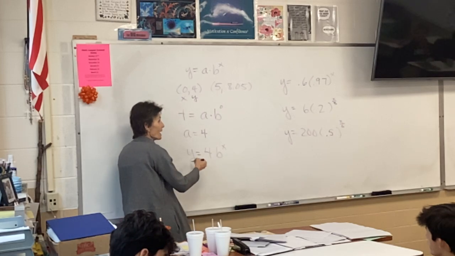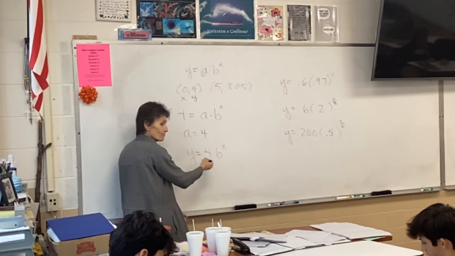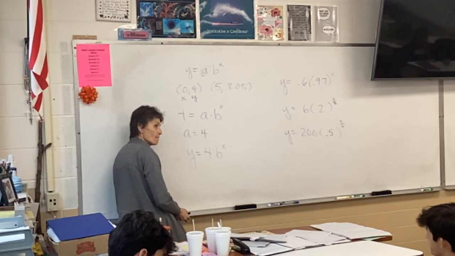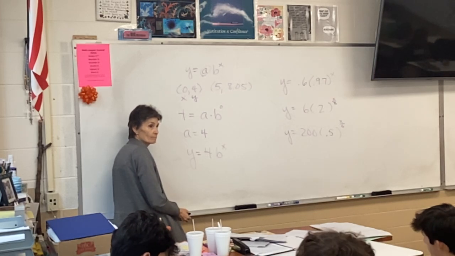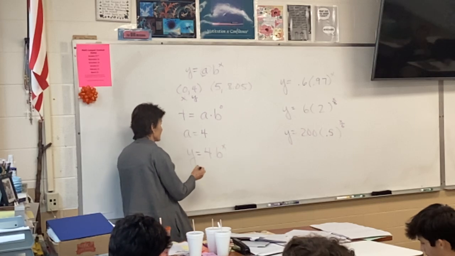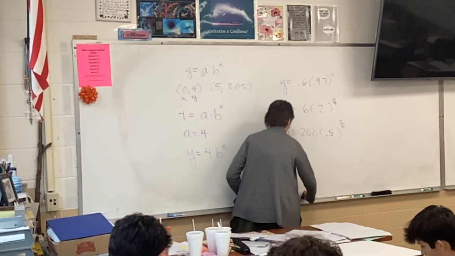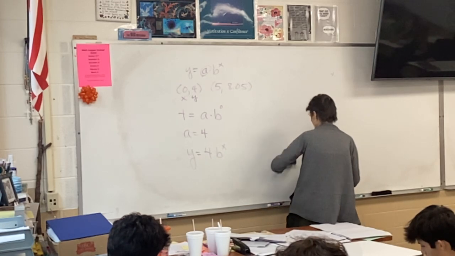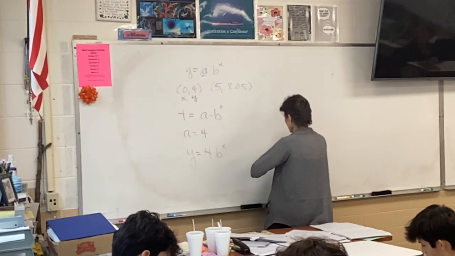So this is where we're at now. We know this is 4. Okay? Now, what am I going to do? X is 5. Plug in the other point. So 8.05 equals 4 times B to the 5th.